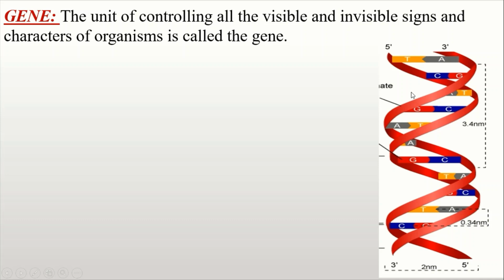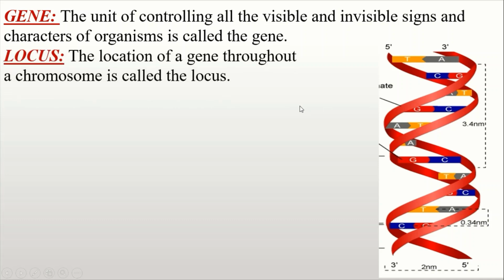Okay everybody, the location of a gene on the chromosome is known as locus. Generally, one pair of genes is responsible for one character. In some cases, more than one gene unitedly is responsible for one character.